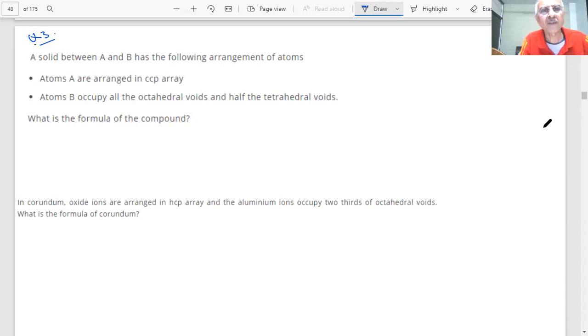Atoms B occupy all the octahedral voids and half of the tetrahedral voids. What is the formula of the compound? You have 1 minute to answer the question, student. Try the same method as I told you.